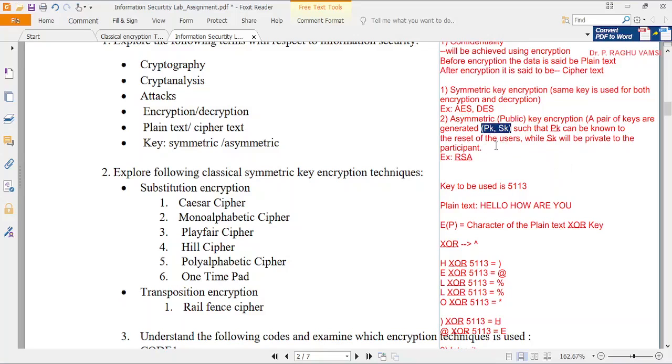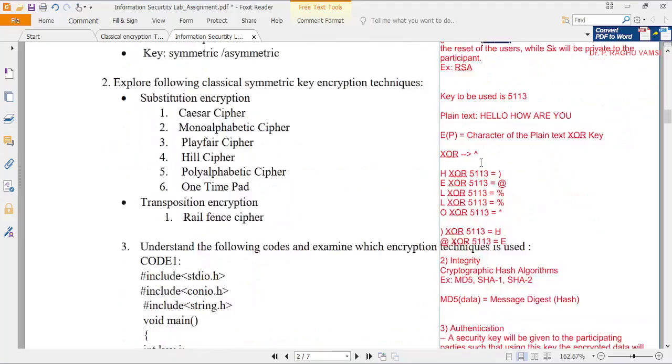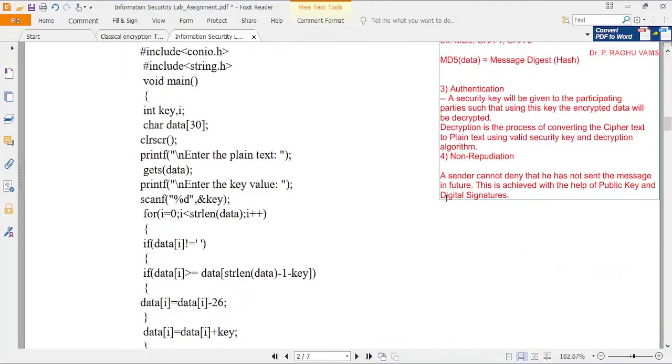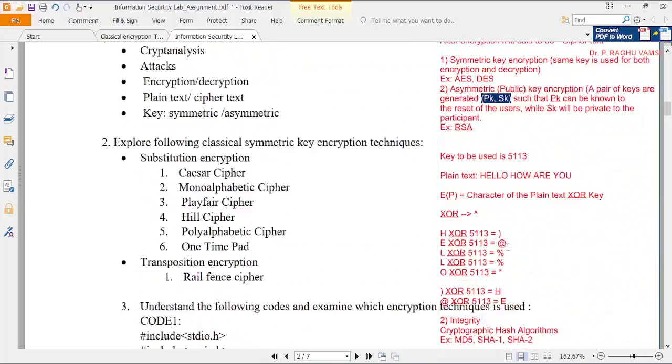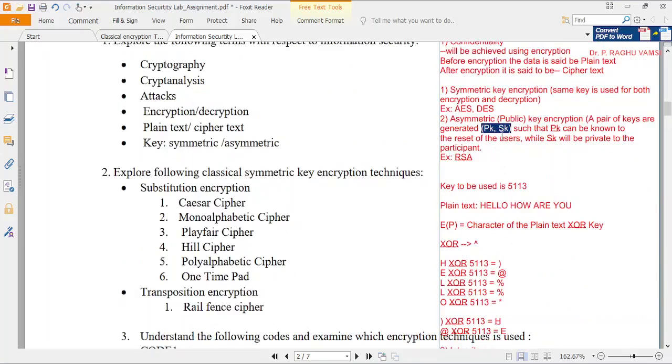But if you do the reverse, encryption using the secret key and decryption using the public key, then it is said to be a digital signature. So in this non-repudiation property, the sender is the one who wants to establish that he has sent this particular communication.